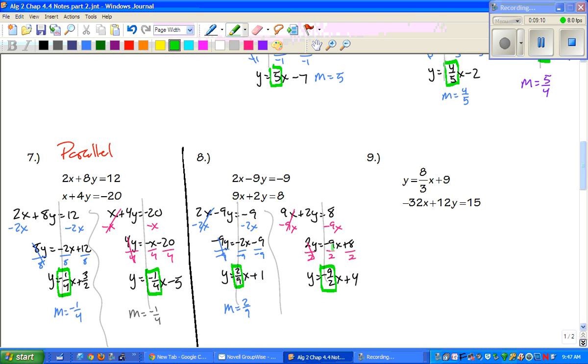Our slope is negative 9 over 2. So are the slopes the same? No. Are they opposite reciprocals? Yes, which means these lines are perpendicular.